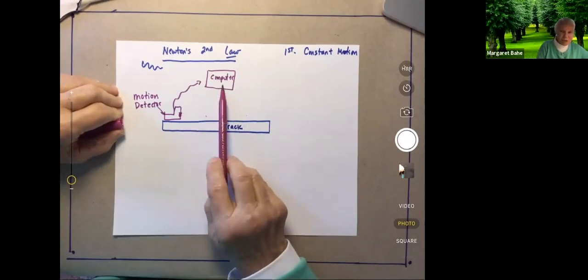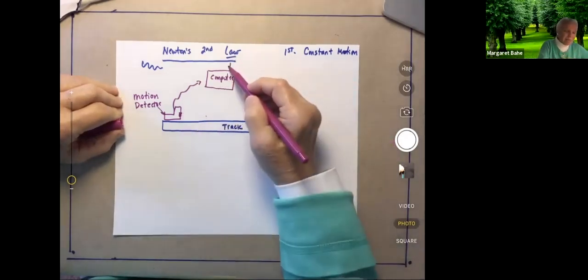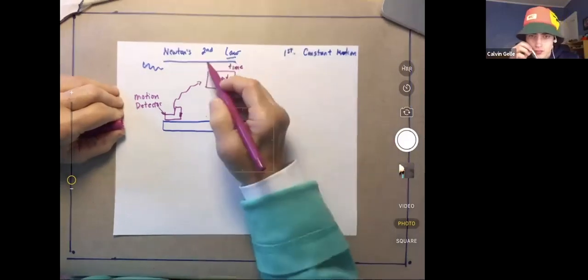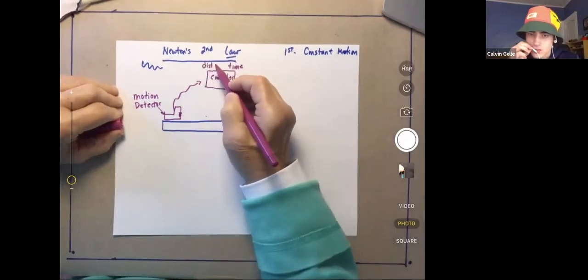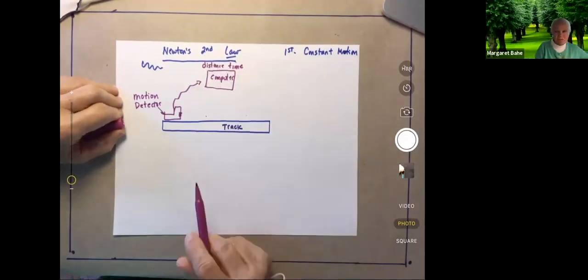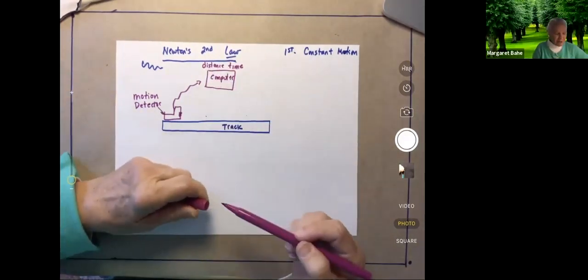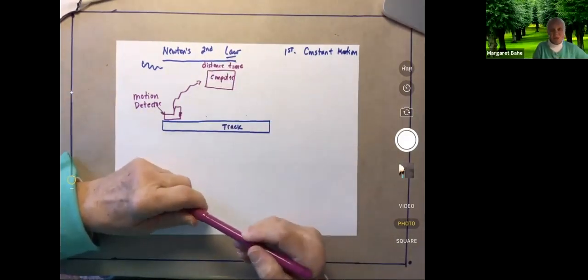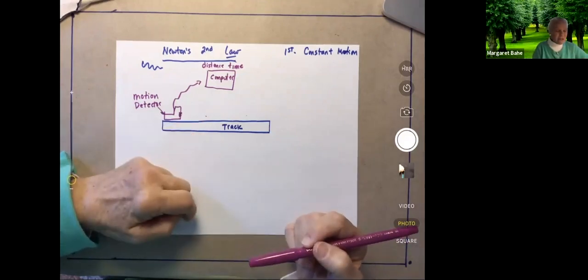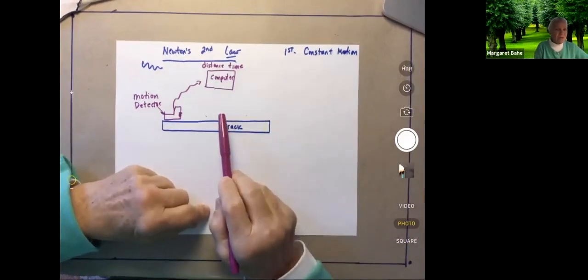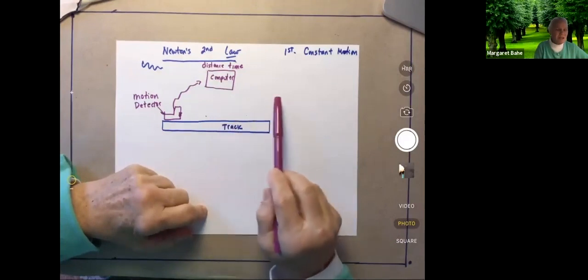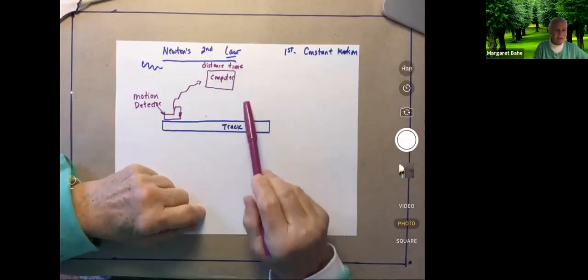And since the computer can tell time, it now has these two pieces of information, distance and time. The computer can figure out the velocity of that object. Now, what is the relationship between velocity and acceleration?